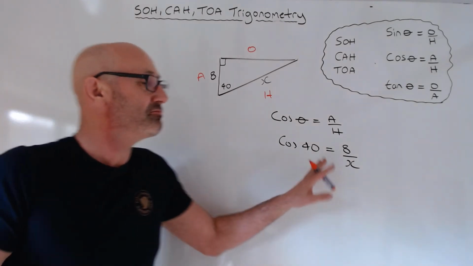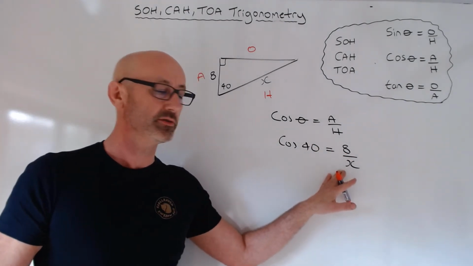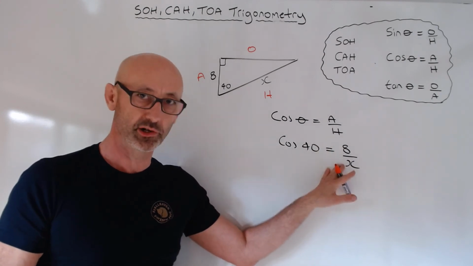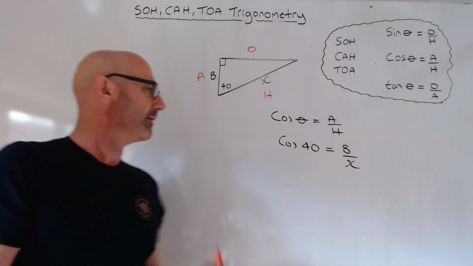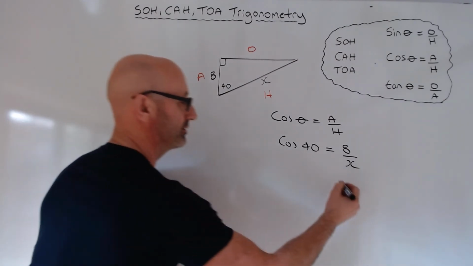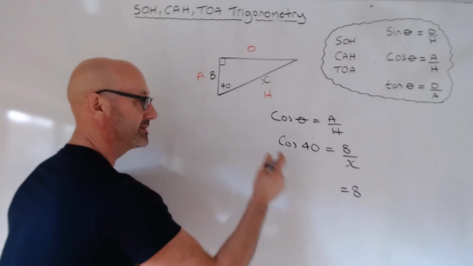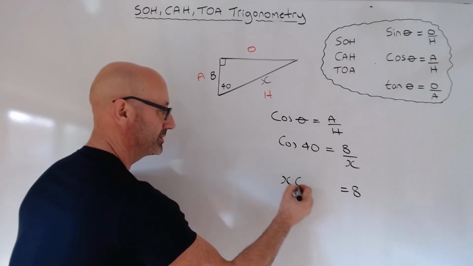Now, this is a really big deal, this. The rearrangement here to make x the subject, okay? These are the two steps that I always go through. I would go, the opposite of divide is times, so it's over here.